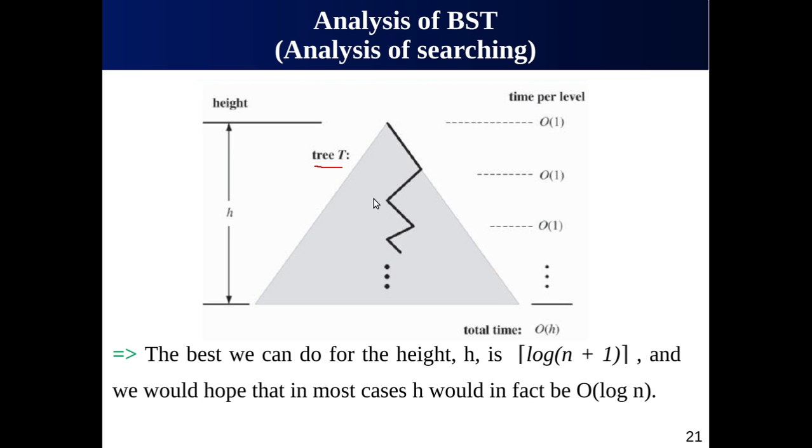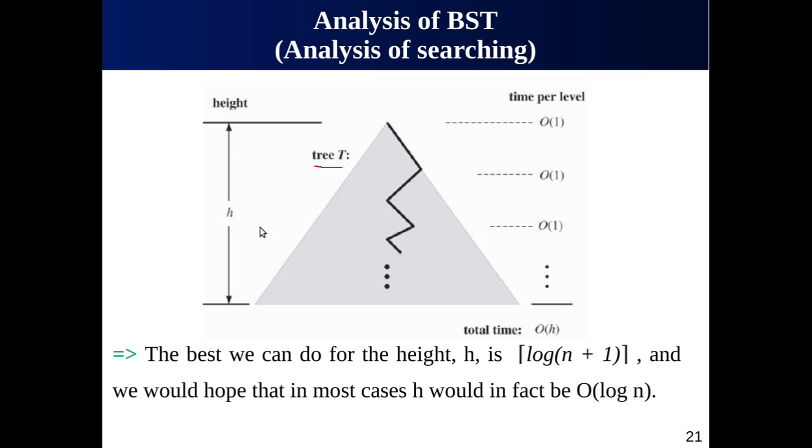The figure uses standard visualization shortcuts for a binary search tree, represented by a big triangle, and this is the path from the root to the desired node. This is like a zigzag line.